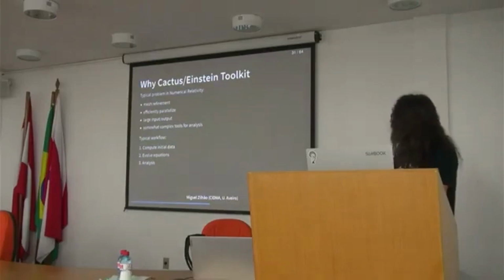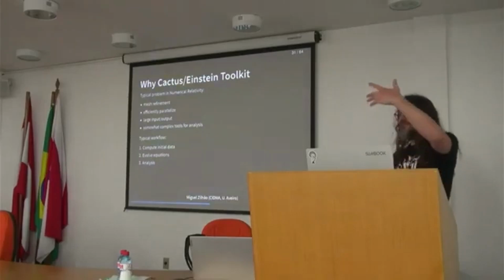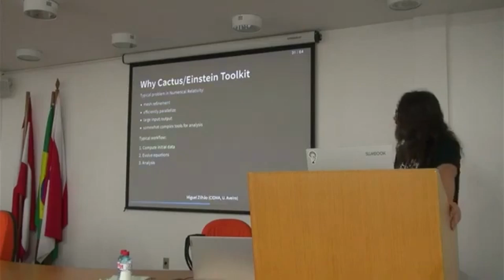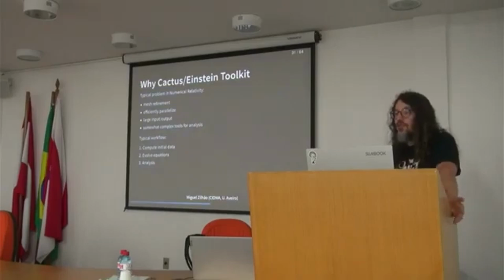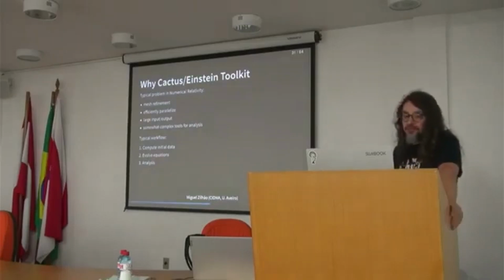So you need to have some mesh refinement library. You need to have an infrastructure that efficiently parallelizes. You need to be able to handle usually very large input and output. And then you need, of course, somewhat complex tools for analysis to extract whatever physical quantities you want to study.